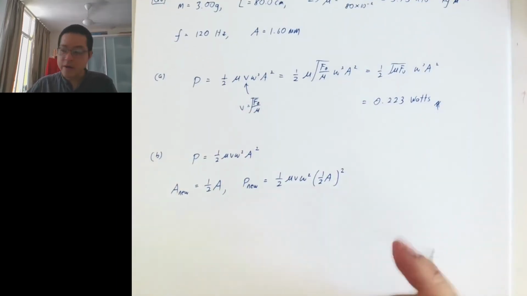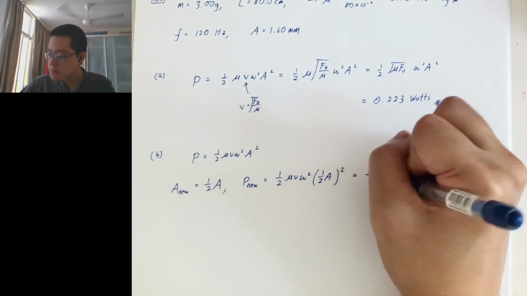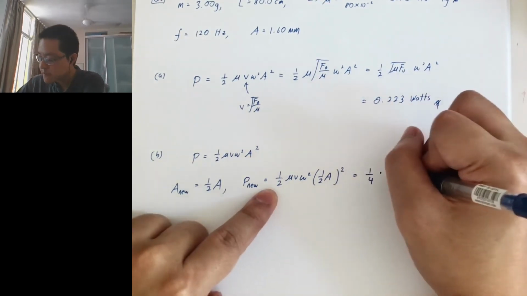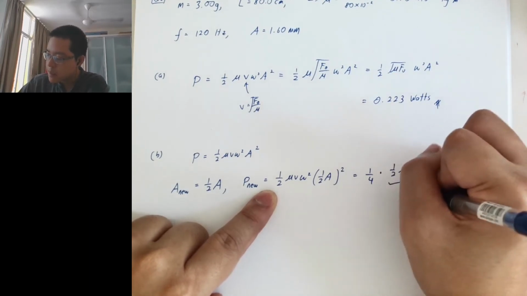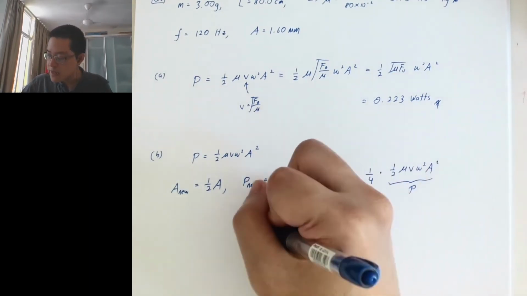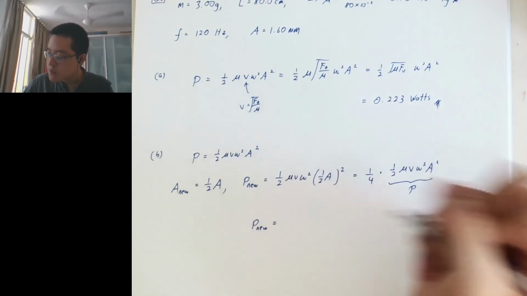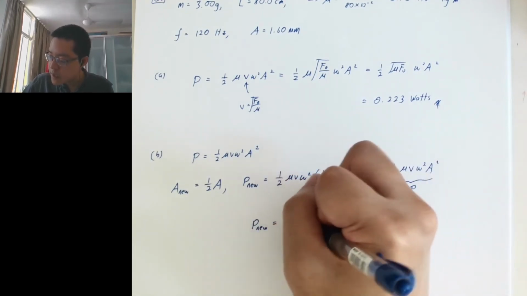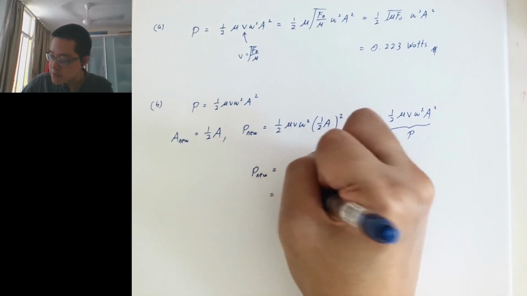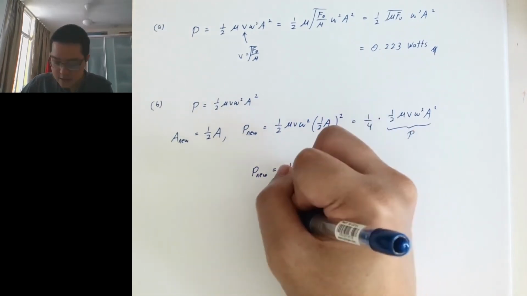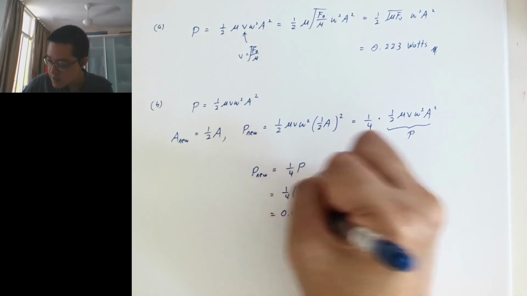So half squared is 1/4. Then the rest is just half mu v omega square a square, so this is my previous power. So my new power transfer is a quarter of the solution that I got just now. My previous solution was 0.223 watts, so it's 0.056 watts.